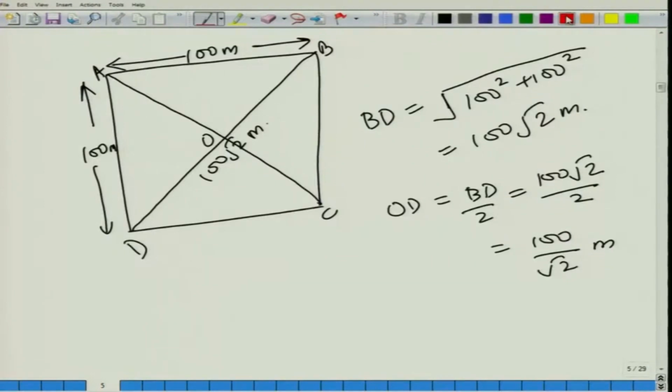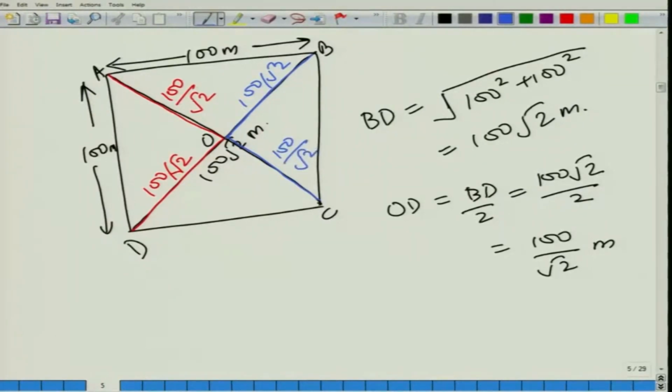Now, in this case we can say that this length is also 100 upon root 2, this length is also 100 upon root 2. Similarly, this length is also 100 upon root 2, and this length is also 100 upon root 2.